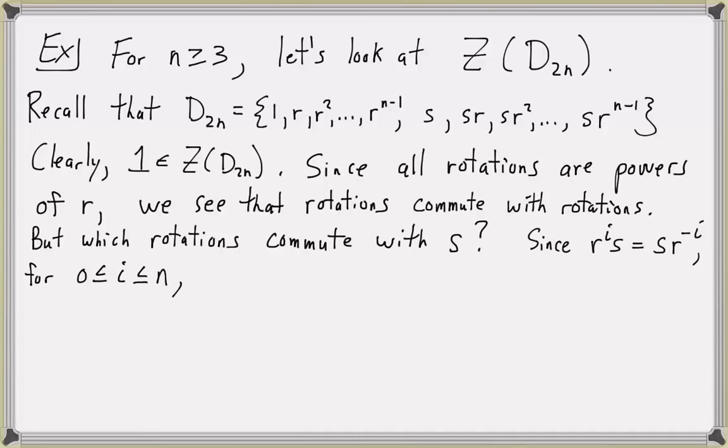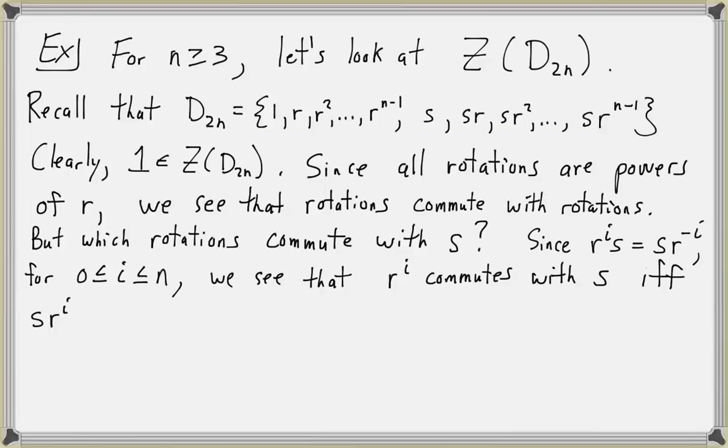So we see that the rotation r^i commutes with s if and only if s r^i equals r^i s, but that equals s r to the minus i.